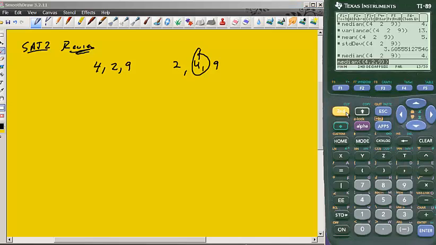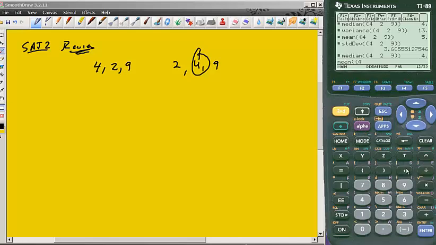Alright, let me just clear that. Okay, let's say I want to find mean. So, math, statistics. Okay, go down until you see mean, hit enter. Then open the braces. That's the left braces, above left parentheses.